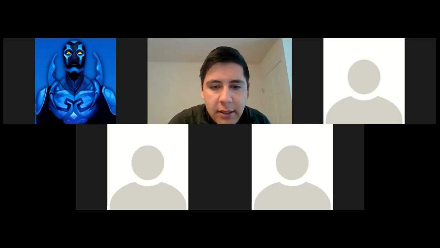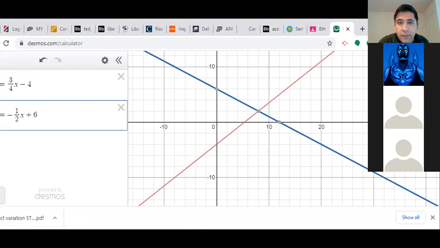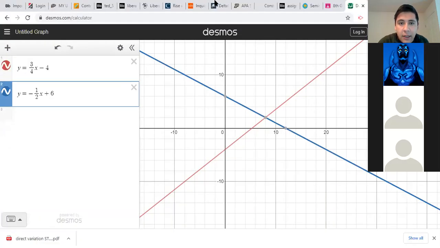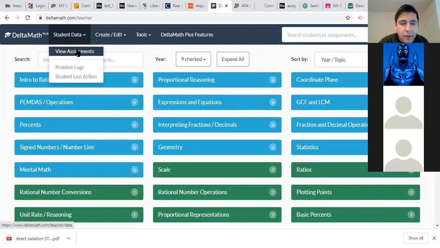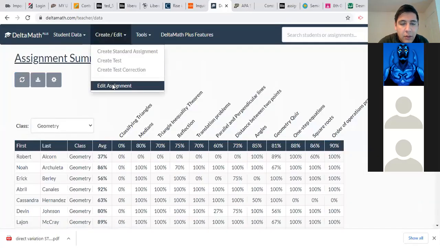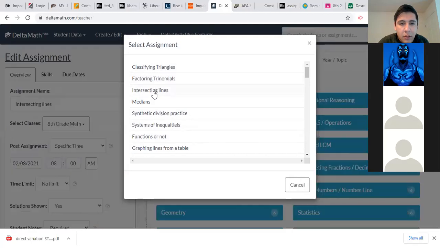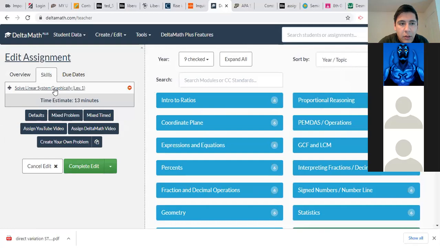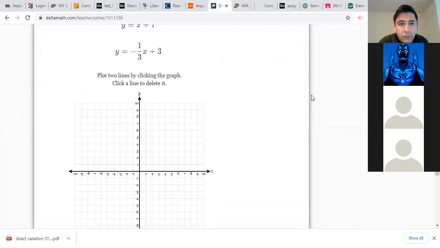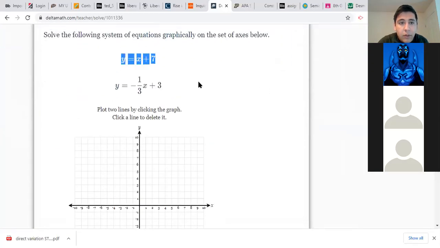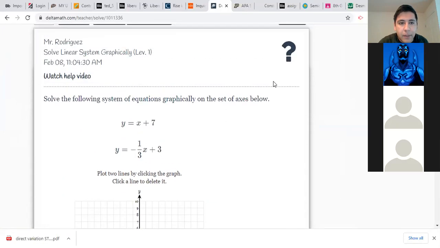And so let's look at this from the perspective of your homework, okay? So on Delta Math, I have something very, very similar to that. So what we want to do is, again, graph these two, and then we're going to find where they're equal to each other, okay?